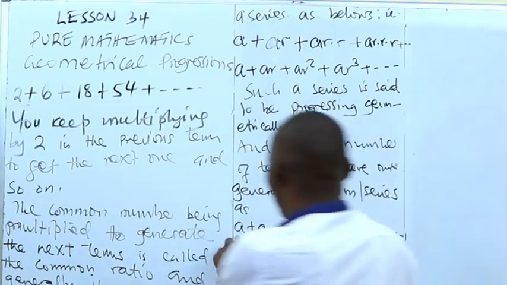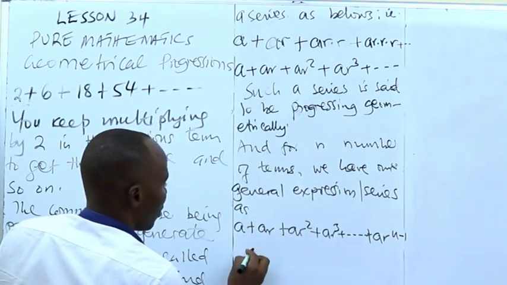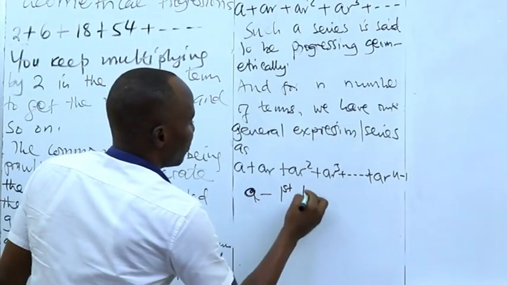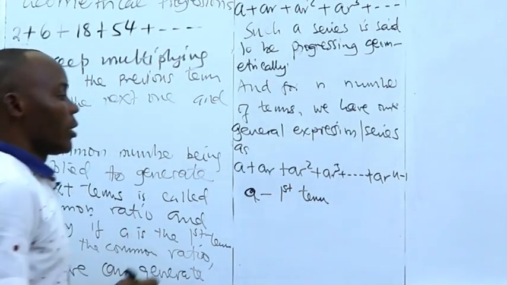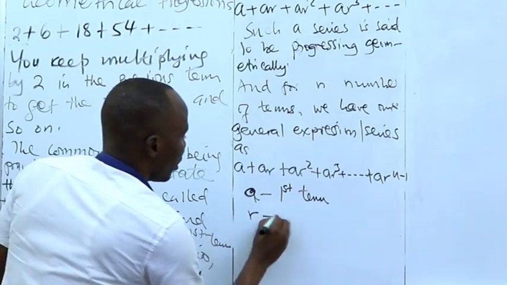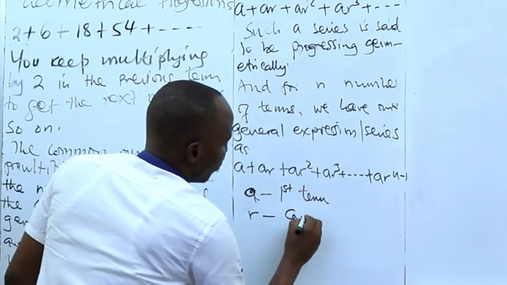Now, I've said that A is the first term, and I've said that R is the common ratio.